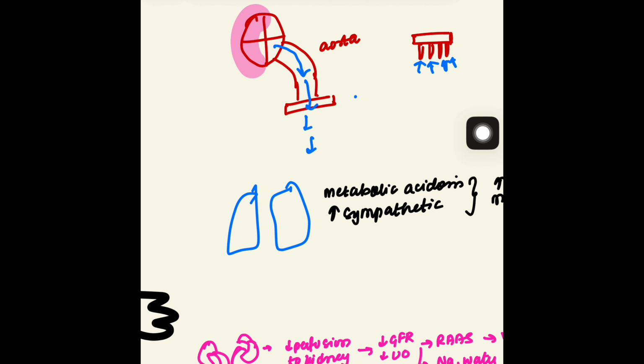Imagine there is vasoconstriction. In vasoconstriction, this vessel will become small. Imagine the water is flowing normally and the gates are well open. There is no resistance for water to go across the dam.